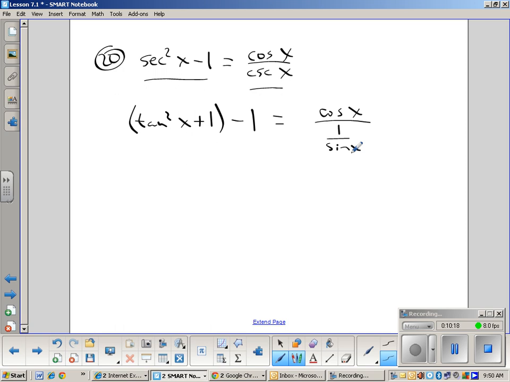Okay. And so now when I look at this side over here, tangent squared x plus 1, are the parentheses important?